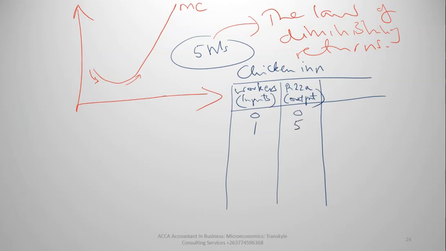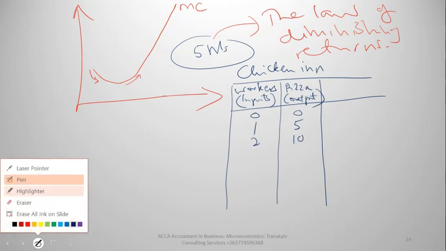Okay, but when the company employs more workers, let's say 2, we are going to have an increase in the pizza that the company produces. Okay, this becomes 10.